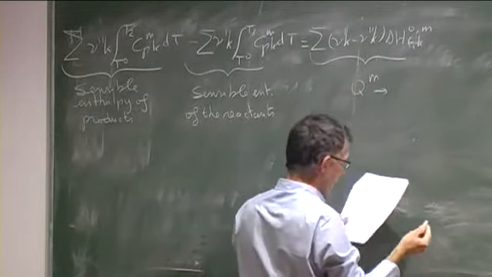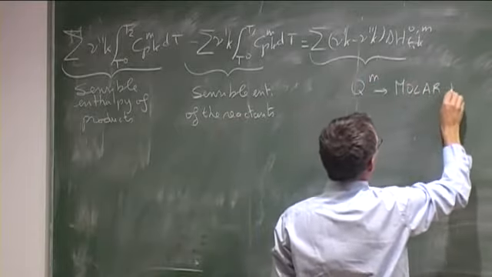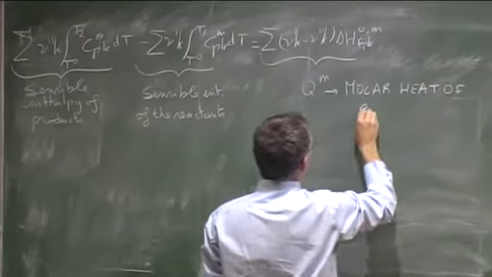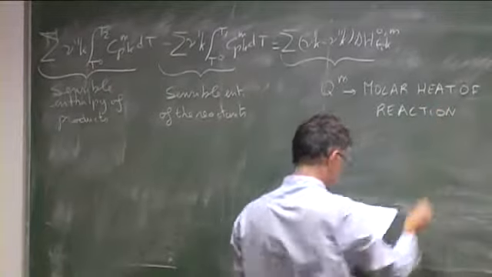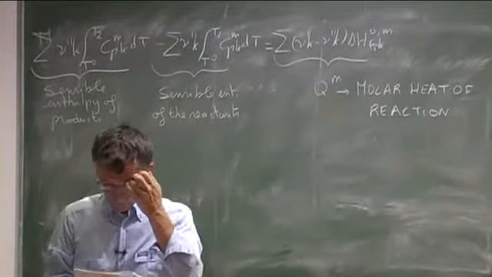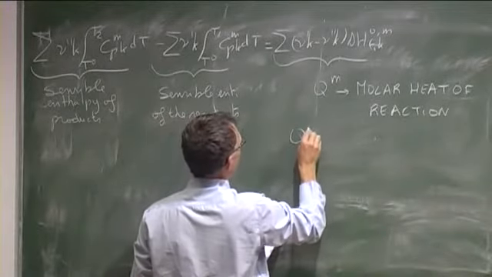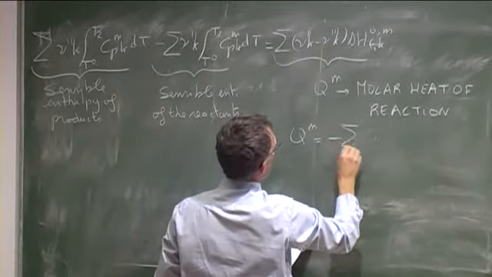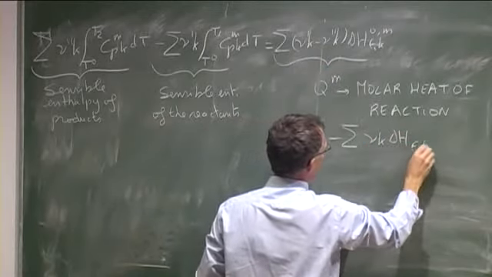And we haven't seen this guy for the moment. It's the molar heat of the reaction. So Qm, if you replace this with nu k, is nothing else than minus sum of the nu k delta hfk 0 m.